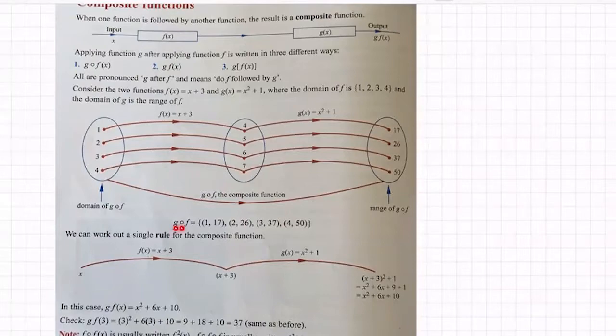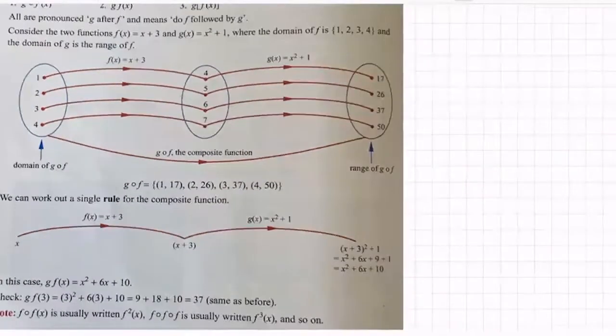So basically it's g after f. Okay, so f is fed into g of x. Okay, and just like we would in any other functions type question, if this is what I'm feeding into the function, then x gets replaced with x plus 3.